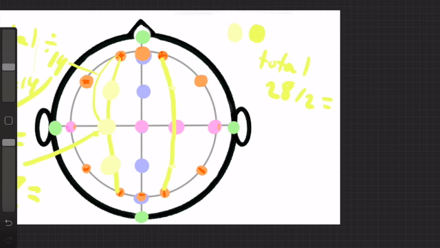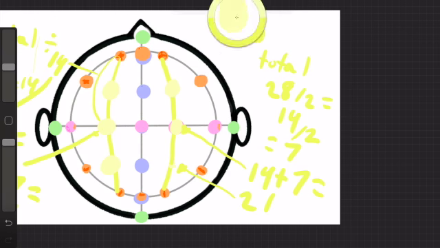Now we're going to take the 14 from the true C4 measurement and divide that by 2, and we're going to get 7 centimeters, which is position F4, and take 14 plus 7 equals 21, which is the point for P4, and those are all the basic measurements for the 10-20 system electrode distances.